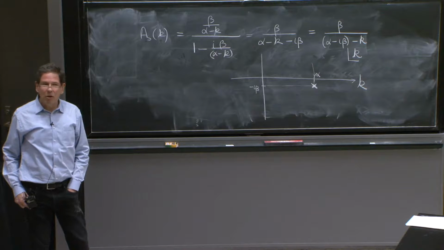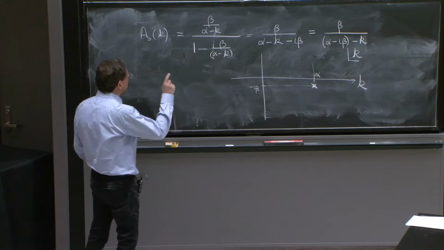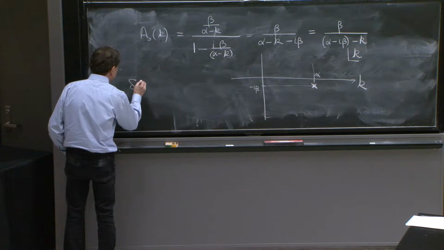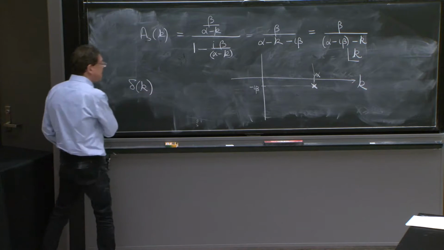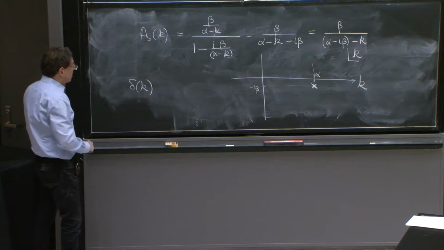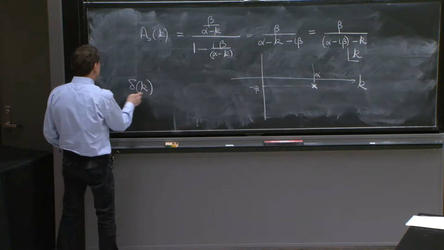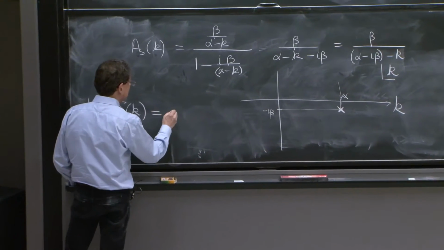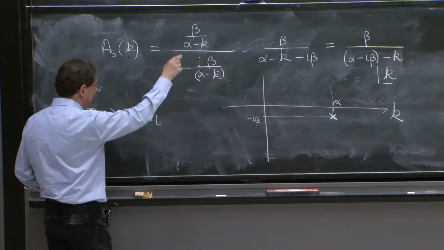If you want to search for resonances, what you should do is you have your formula for delta as a function of k. And it's a complicated formula, but now try to solve the equation tan delta of this is equal to minus i.